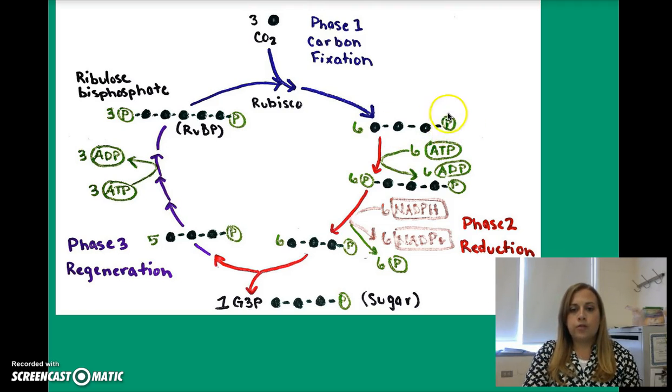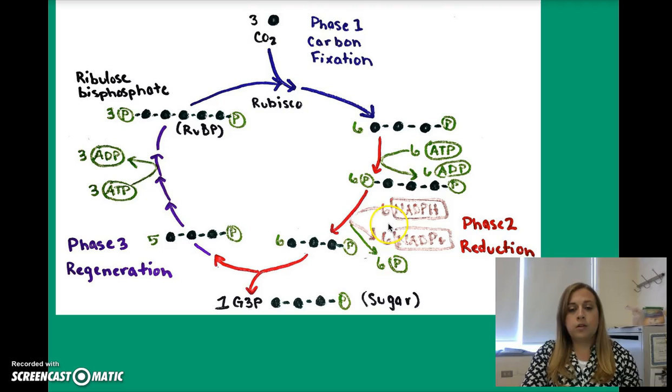Notice here we're looking at 1 phosphate group per each of these molecules. You're going to bring in 6 ATP, so now you have 6 3-carbon molecules, but now each molecule has 2 phosphate groups. Now we're into phase 2, which is the reduction phase. When we talked about cellular respiration, we were oxidizing that sugar, so we were breaking it apart to release energy.